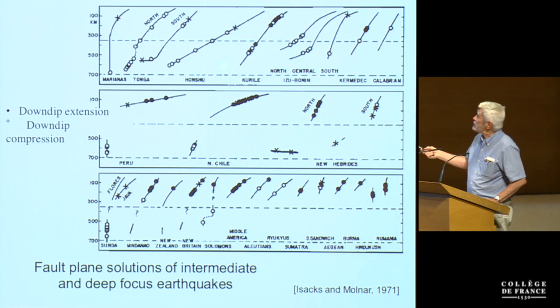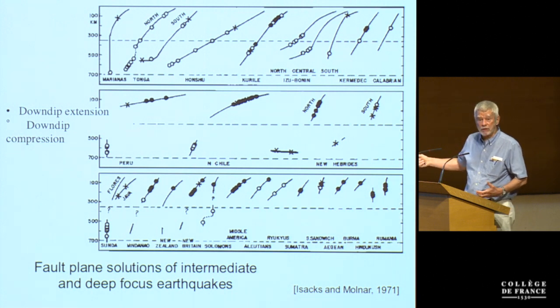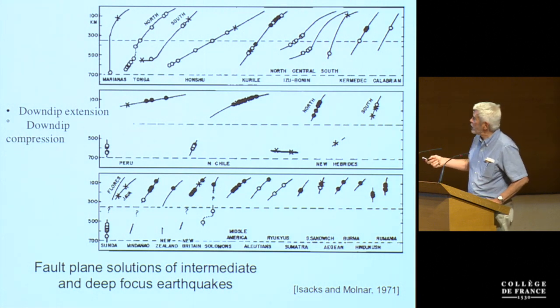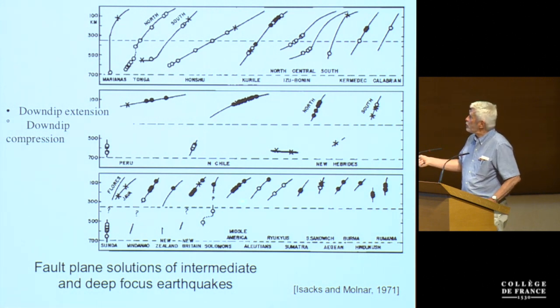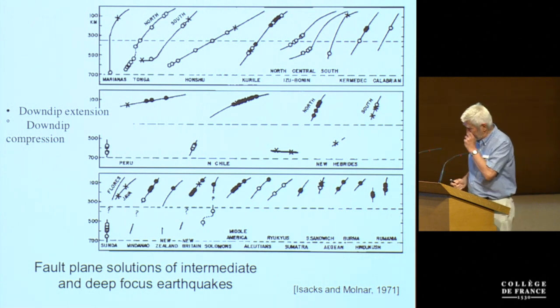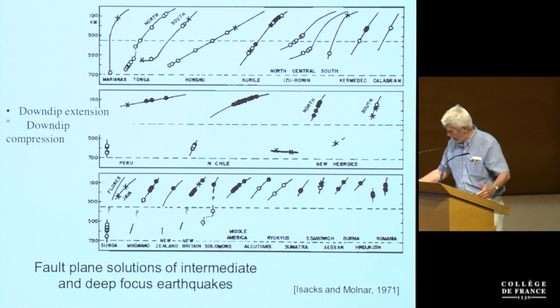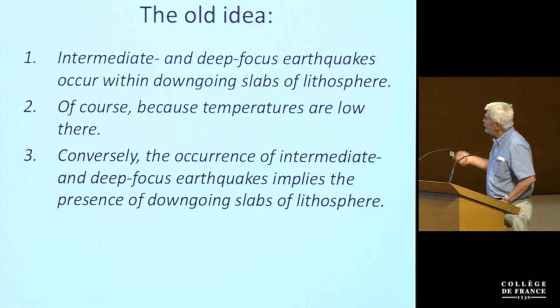In some places, like under South America, under northern Chile, or under Peru, there's a gap, and we think the slab is detached and has sunk. Under the New Hebrides, that certainly has taken place because of this flat zone down here. But then when you move to places where there are no deep earthquakes, usually, not always, but usually it's down dip extension. So this was the picture that we had 50 years ago, roughly.